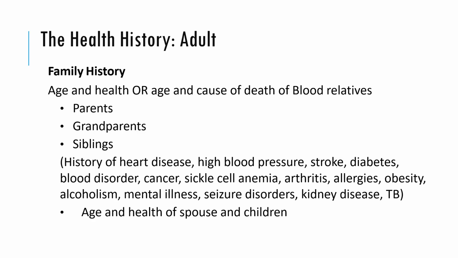Some diseases that we pay particular attention to are heart disease, high blood pressure, stroke, diabetes, cancers, anemia, alcohol, obesity, mental illness. There's a whole list of them here that we need to pay special attention to, because these are disease processes that can be passed along.